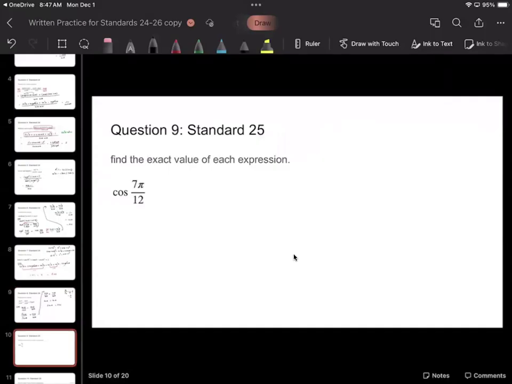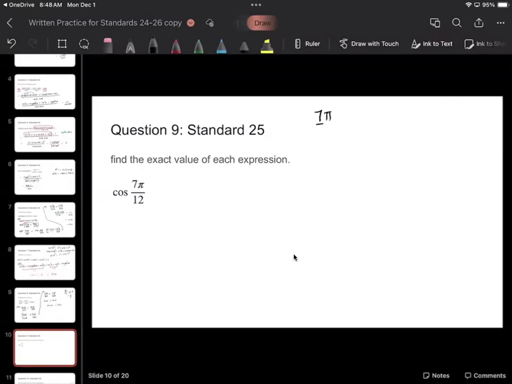All right. So now we have to find the exact value of cosine 7 pi over 12. Now 7 pi over 12 is not a unit circle angle, so we have to use the sum or the difference formula. Okay. So 7 pi over 12.